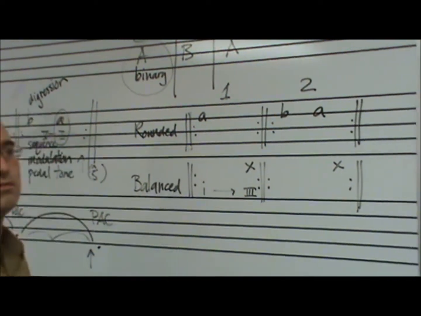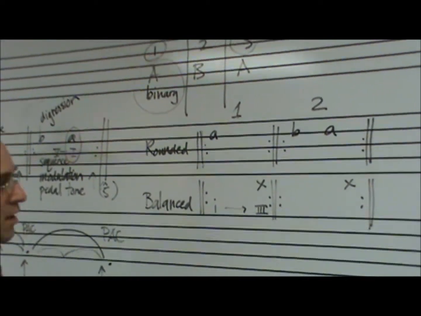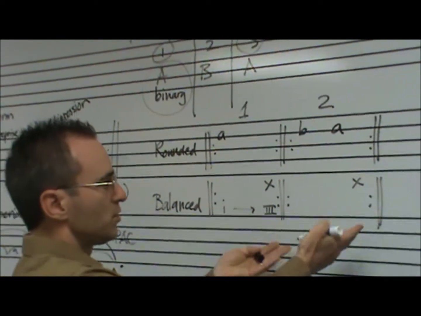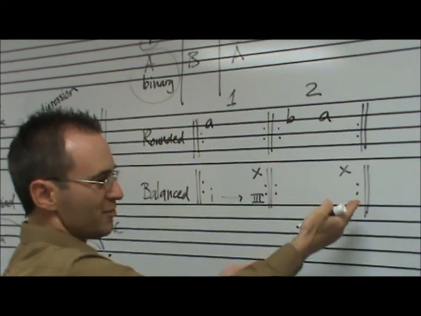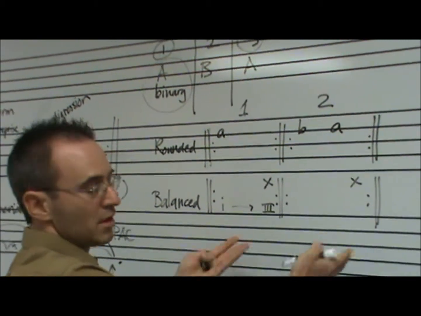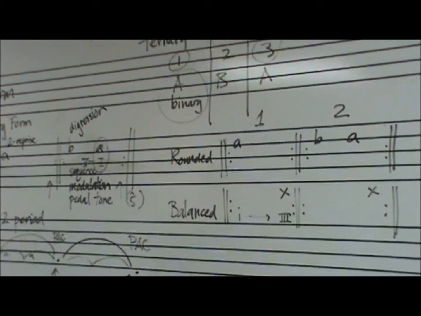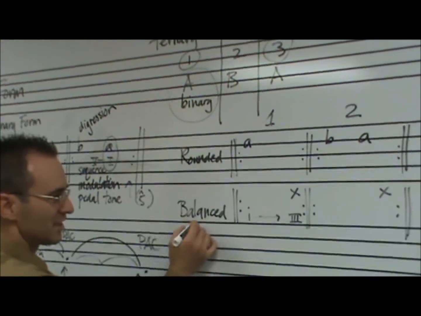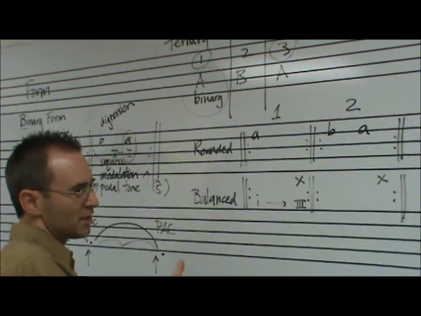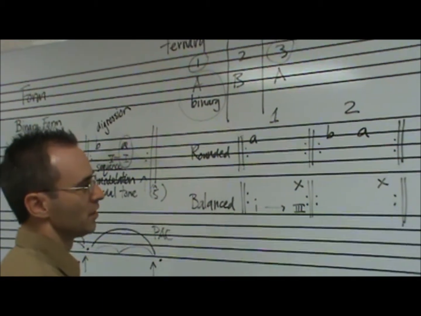They're in different keys, but they're still the same material. That means they're balanced. It's like, let's put something on to weight the balance and make them the same. It's not quite right for balance, but that's the idea of balance there. You're making them match up and balance each other out.